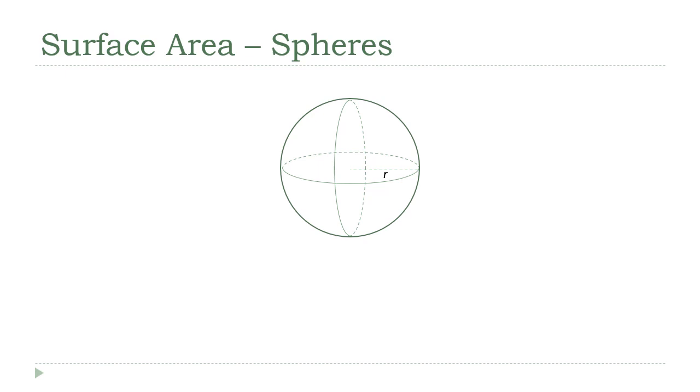So we're going to jump up to spheres. The formula for the area of a sphere is what it is, and there's really not an easy way I'm aware of outside of calculus to derive it. So this one, you're just going to have to take my word for it. The area of a sphere is 4 pi r squared.